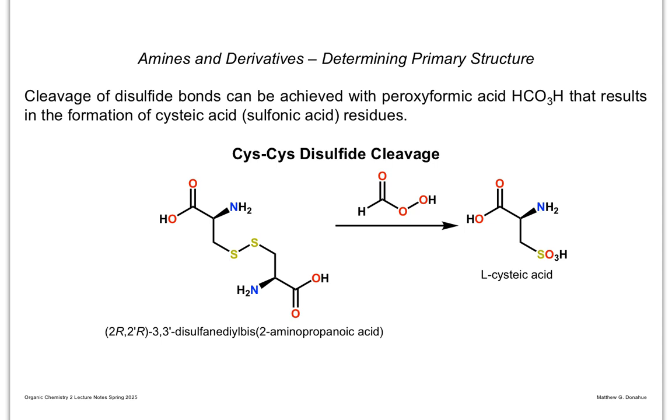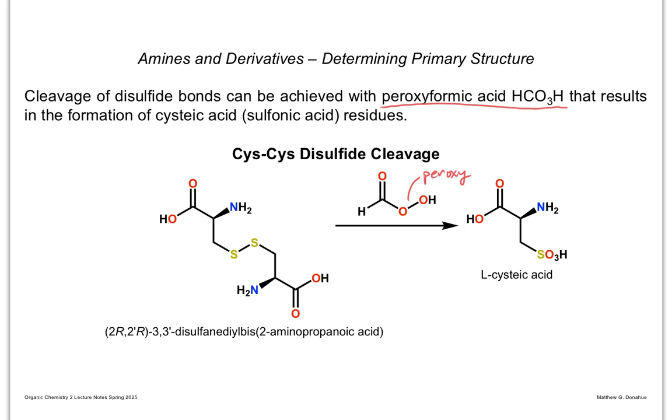So if you do have those disulfide bonds and you're trying to determine primary sequence, they have to be cleaved. And one way of cleaving them is with peroxyformic acid. So HCO3H, that structure is shown here. This has a peroxide bond, so a peroxy bond.